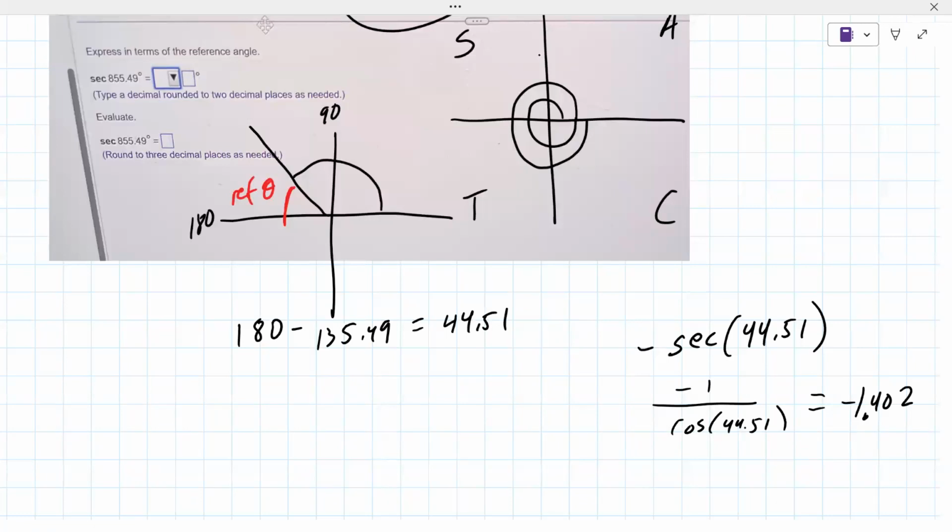Light delay. Okay, so they're giving you an equation. All right, a bunch of things to do here.